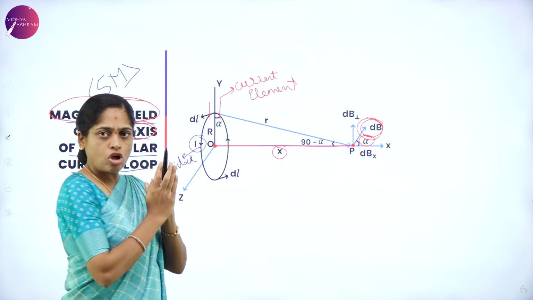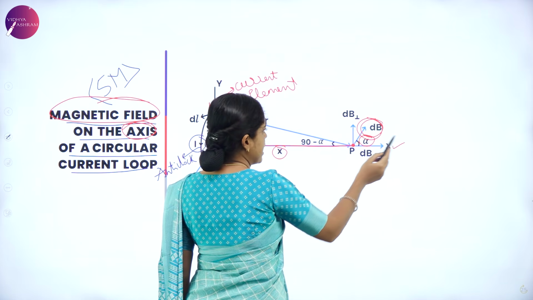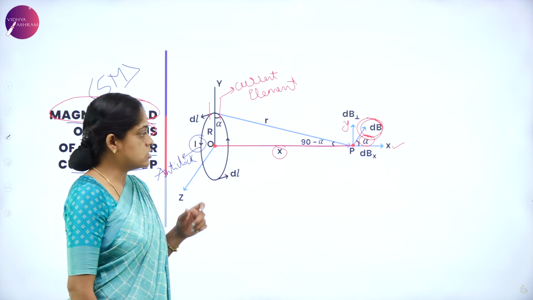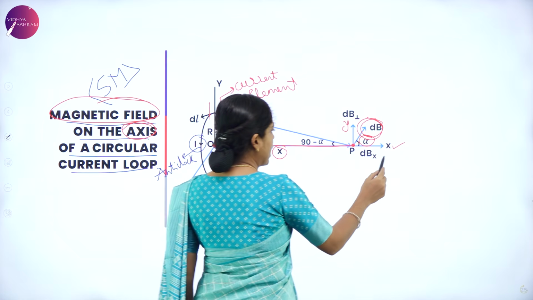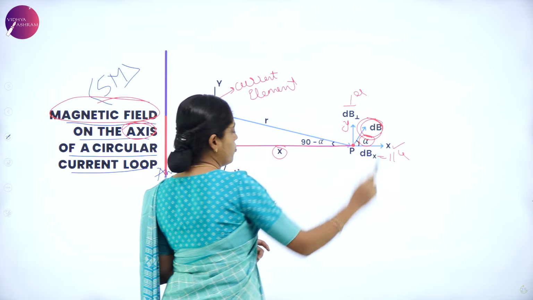Therefore, let us resolve this dB into two components, one along the x-axis and one along the y-axis. Along the x-axis is the parallel component, and along the y-axis is the perpendicular component.